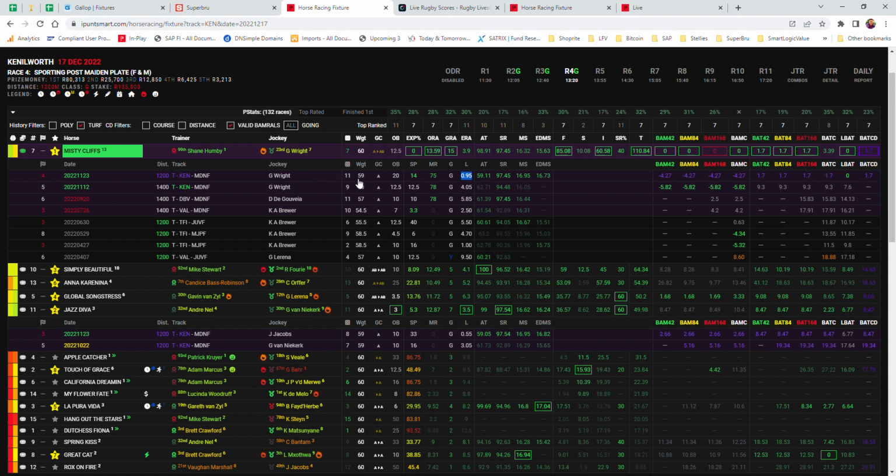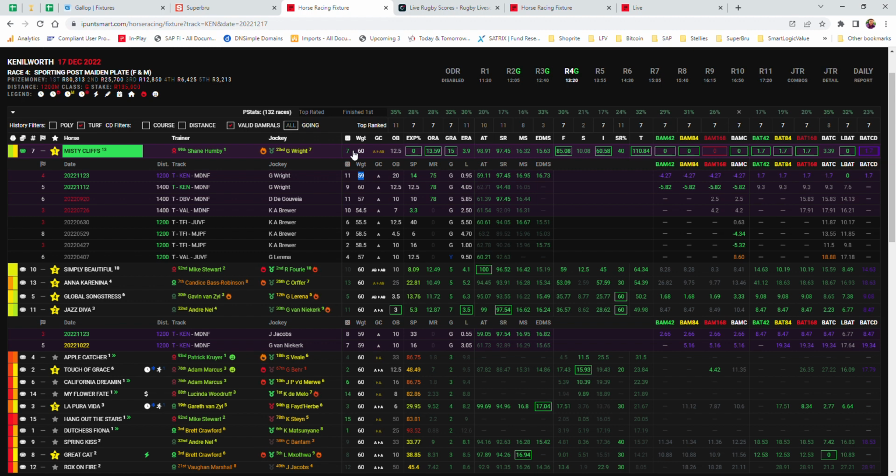From the kilograms, 59 moved to 60, 59 moved to 60, exactly the same. So the major difference here is the two things, the draw changes on both sides, which is 8 to 11 for Grant van Niekerk, and Mystic Cliffs 11 to a 7 for Garth Wright, or Gareth Wright. That's the one thing that I noted in this race for Mystic Cliffs against the favourite.